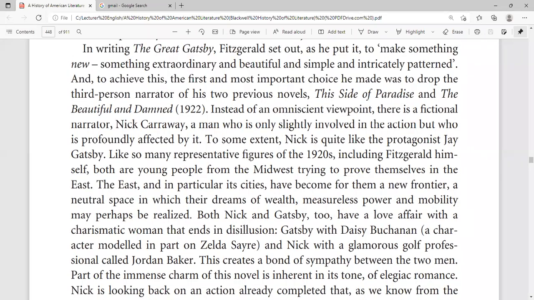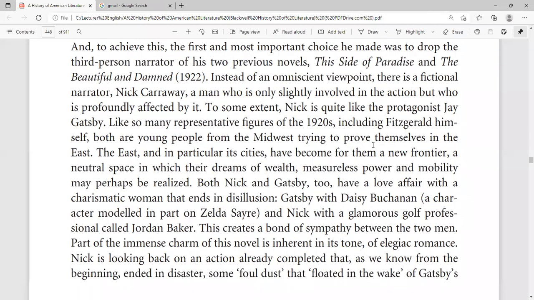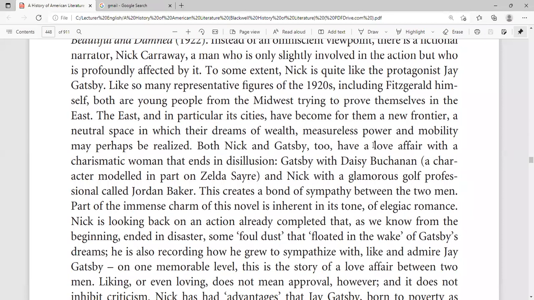In his best work, The Great Gatsby, the narrator is Nick Carraway. Carraway is a character as well as narrator of this novel, and the protagonist of the novel is Jay Gatsby, who actually is fascinated with the idea of success and the American dream, and he succeeds materially, but he loses a lot spiritually.